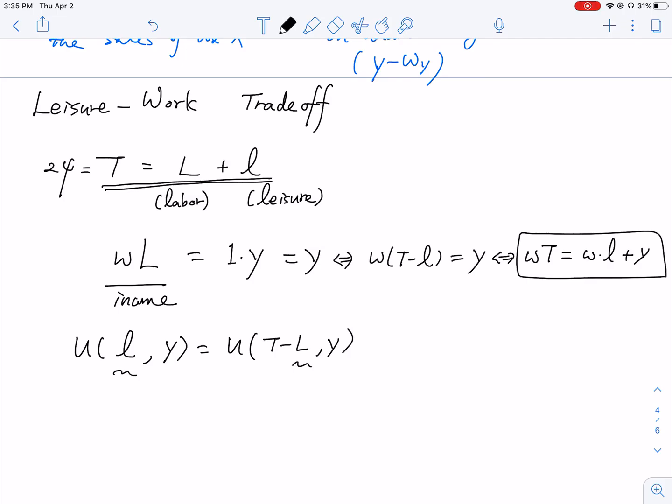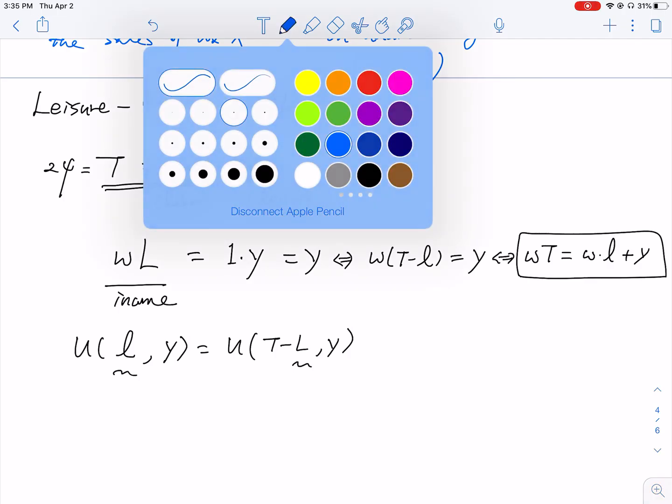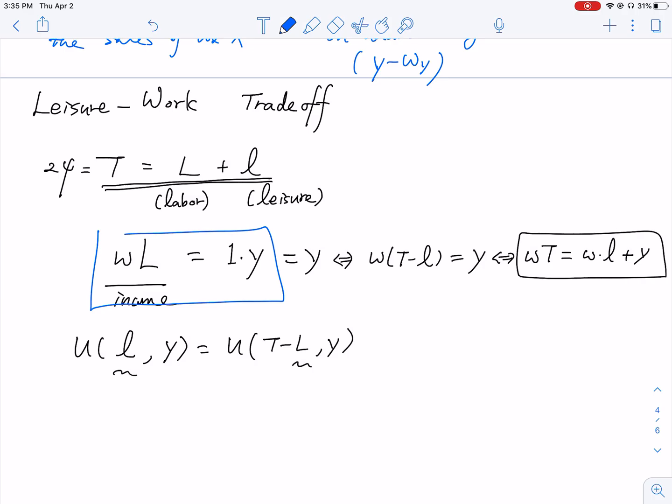The meaning of this blue box equation is clear, right? You work capital L hours and you make an hourly wage of W, so W times capital L is your total income. Using that money, you're consuming the composite good, and the price of the composite good is $1, right?